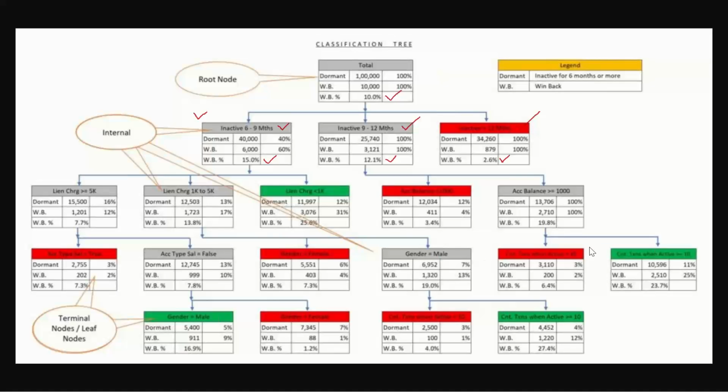The data is then further broken down. Each node that you get can be further broken down. As you can see, this data is further split, whereas this data is not further split. Why is a certain node further split and why is a certain node not split further?